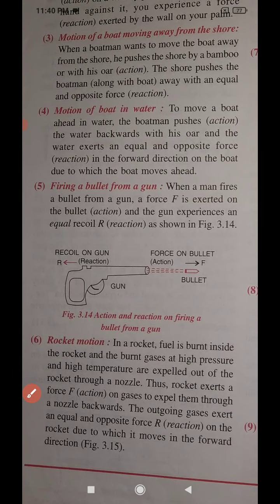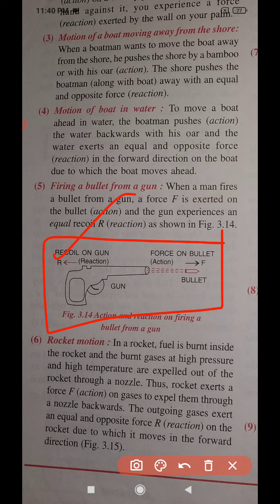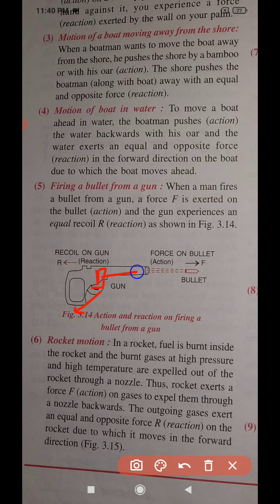See, recoil of a gun; somewhere it will be written as recoil force on the gun. When the gun is triggered, force is exerted on the bullet, and that is the action. The bullet goes out; that is the force on the bullet by the gun.